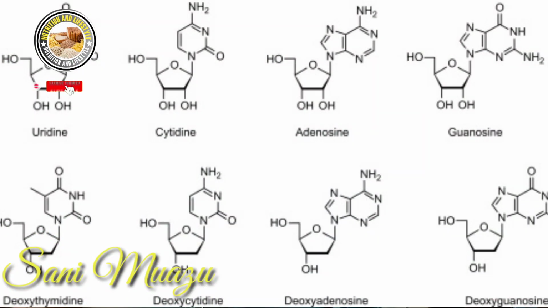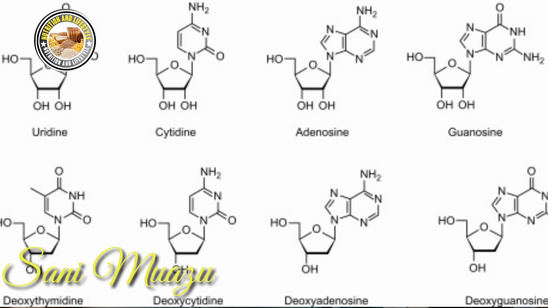These nitrogenous bases are the ones that will come in combination or bonding with the ribose sugar I mentioned earlier. When a ribose sugar binds with a nitrogenous base like adenine, for example, from purine, it becomes a nucleoside. The binding happens on carbon 1 of the ribose sugar.